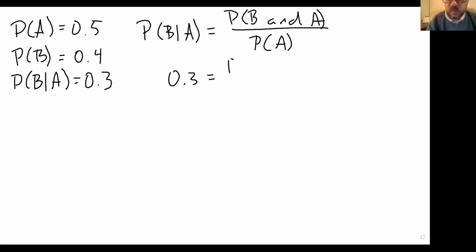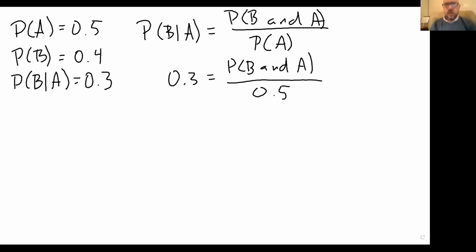Probability of A and B, or B and A, I guess I'll be consistent here, is the thing we're looking for, and then the probability of A was 0.5. So all I have to do to find the probability of B and A is multiply both sides by 0.5, and then I'm done. Just do a little algebra here.